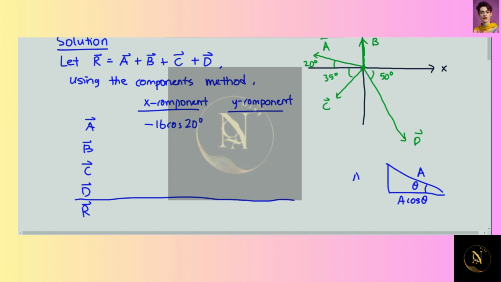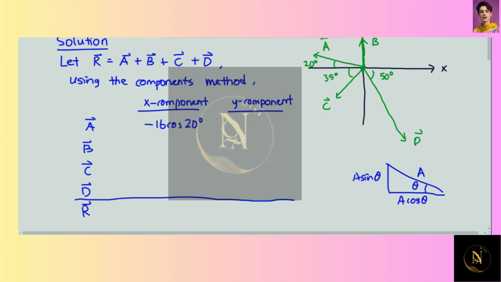If you want the component that's opposite the angle, it will be sine. It's the same as the trigonometry formula: cosine is adjacent divided by hypotenuse. So to get the component adjacent to the angle, you do the cosine. Opposite, you do the sine.